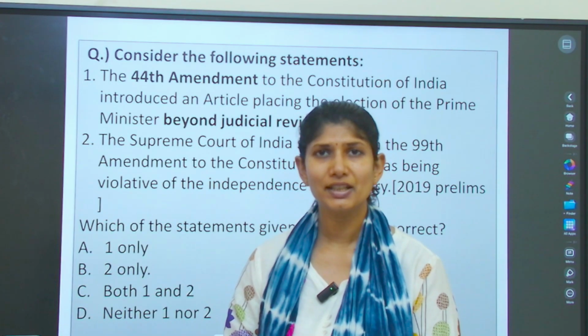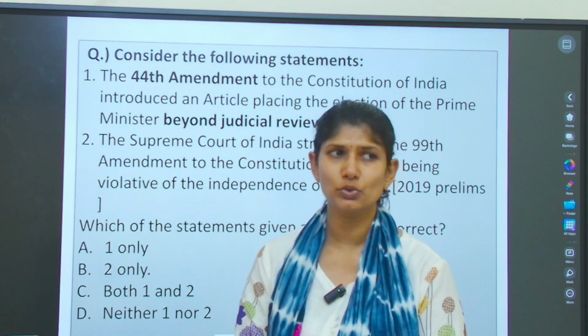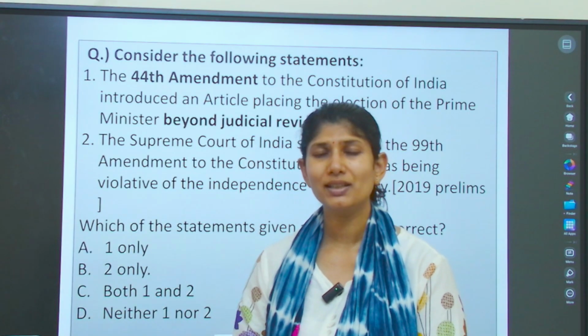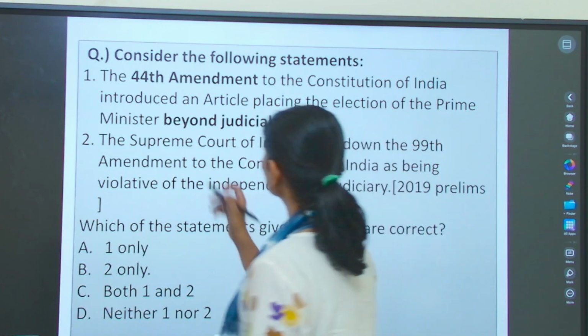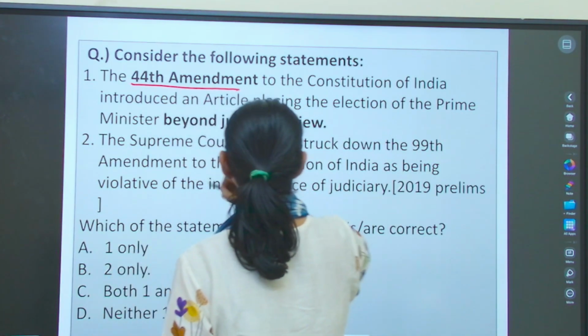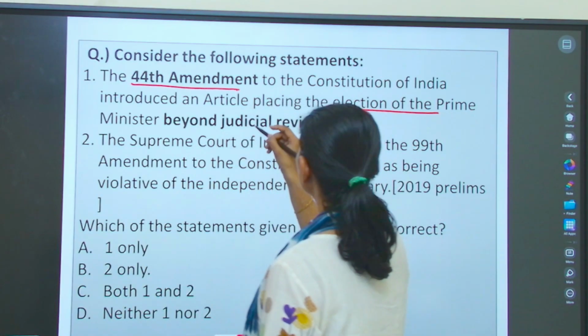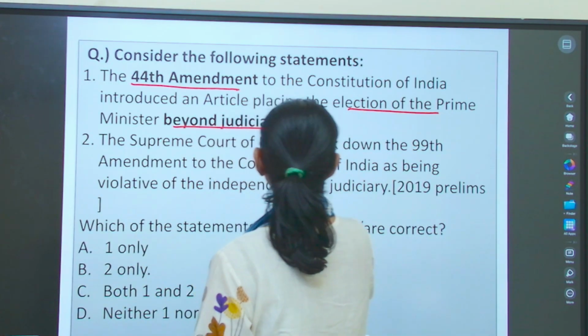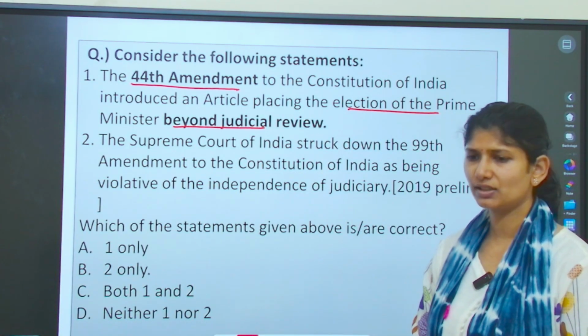That is, the keyword should help you arrive at a conclusion easier. So that is why keyword is first thing. Now let's see what are the keywords here. Here it says 44th Amendment, election of Prime Minister, is beyond judicial review. These three are the things.